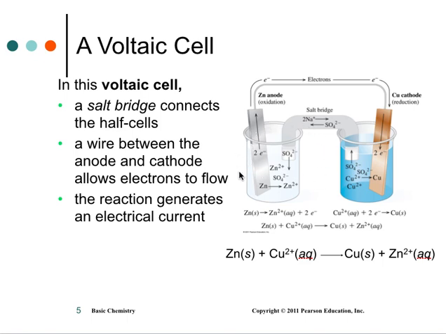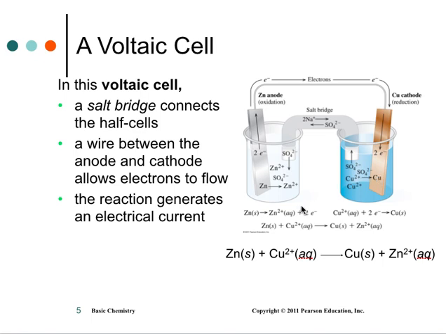You have the anode half cell, where zinc is being oxidized into zinc ion, and then you're going to have the cathode half cell, where copper ion is being reduced into copper metal, by stealing the electron and canceling out this positive 2 charge and becoming straight copper.